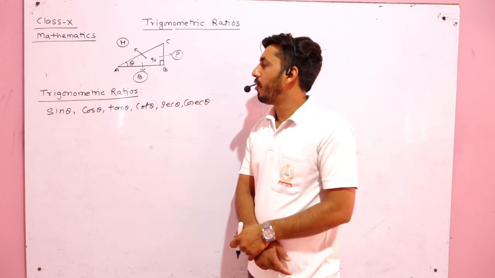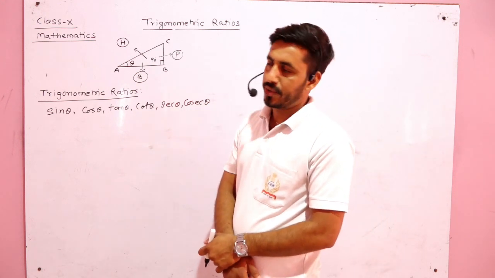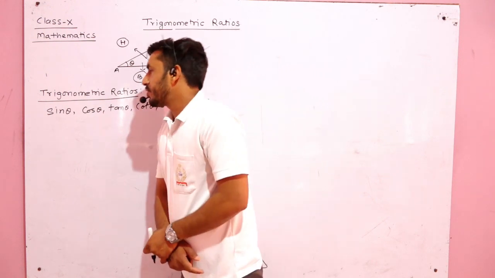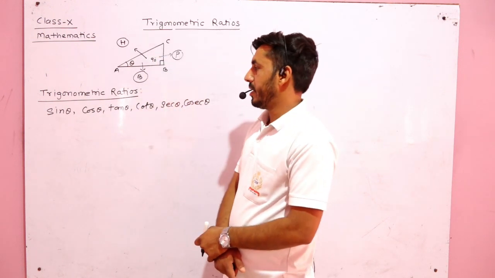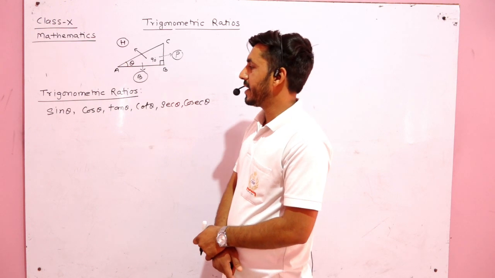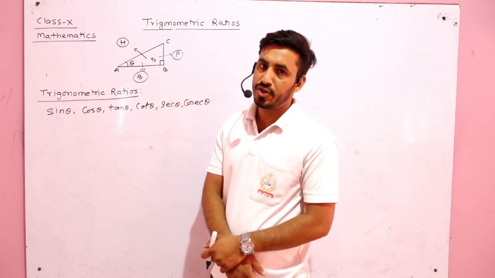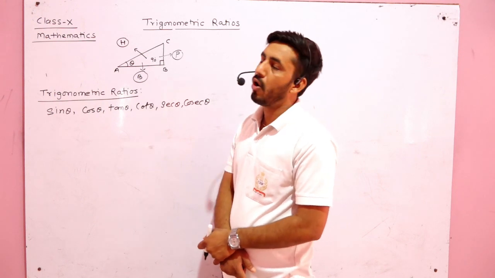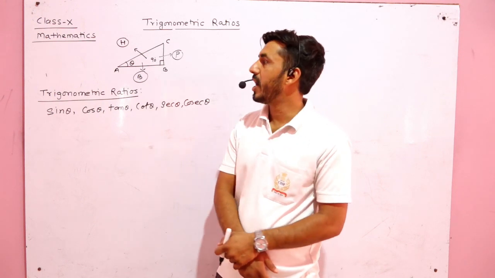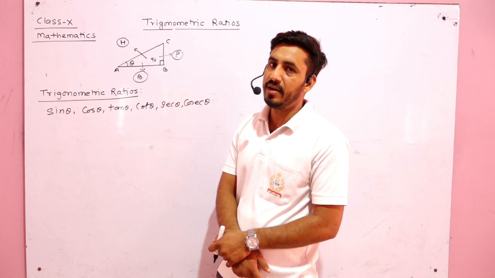These are the trigonometric ratios. Then first we will find the relation, it means how we can find any trigonometric ratio in terms of 3 sides, means hypotenuse, perpendicular, and base.